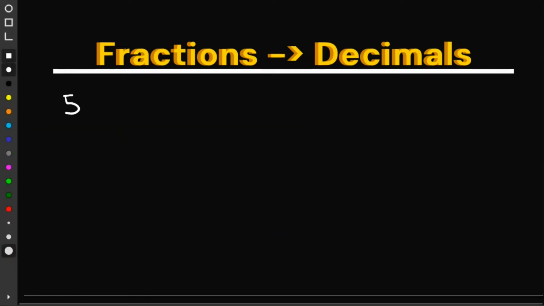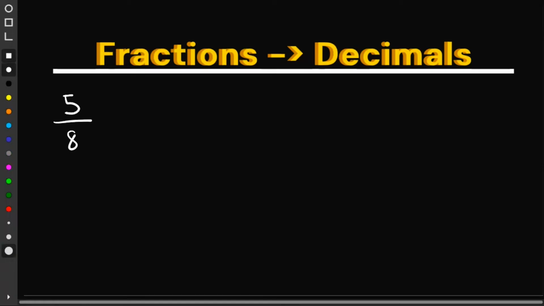Now what if we have 5 over 8? If we don't know how to convert the denominator into a power of 10, what we can do is apply the traditional division. This method is the one that we would use most often when we convert fractions to decimals, since it is more flexible than the first method we had.